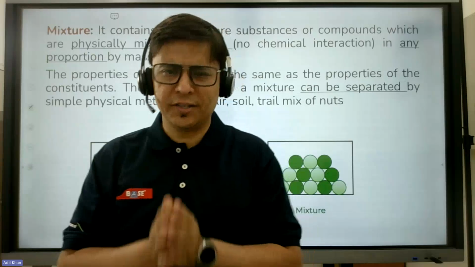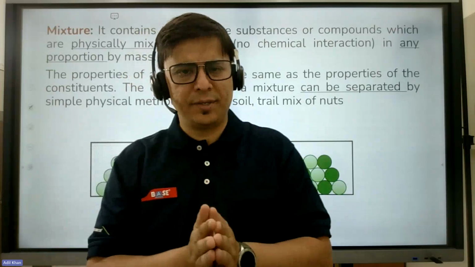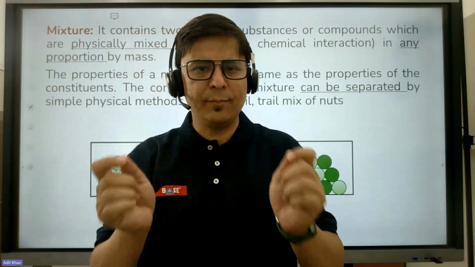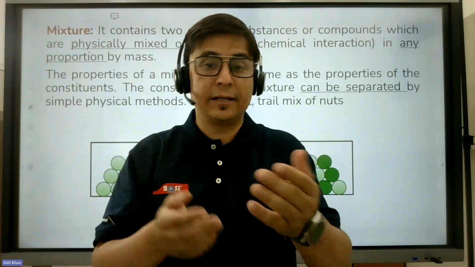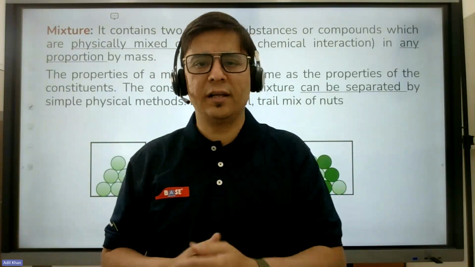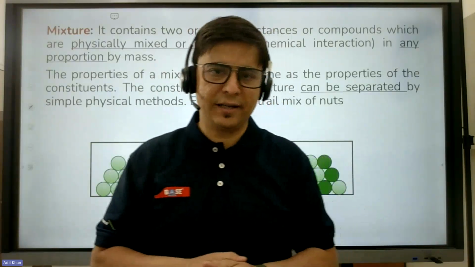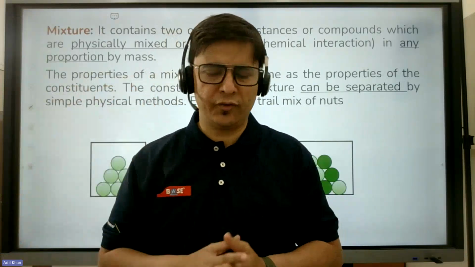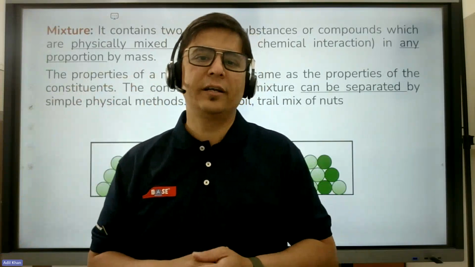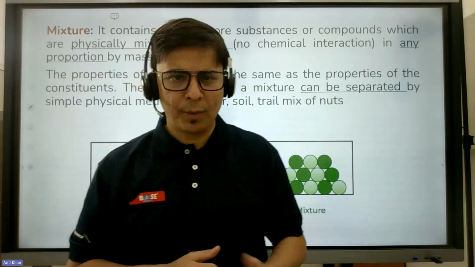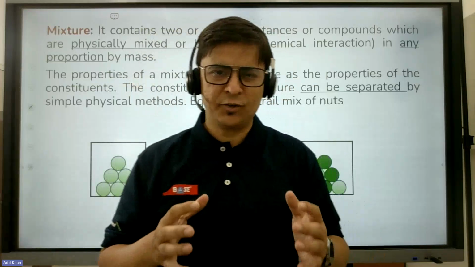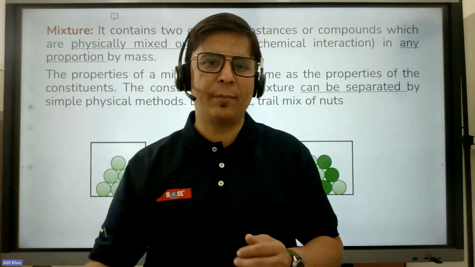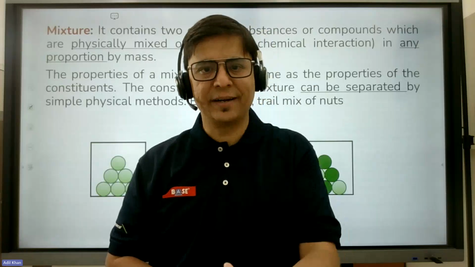So mixtures, in short, are substances produced using constituent particles, like cornflakes, sev, puffed rice, by just mechanical mixing in any proportion or ratio. For example, if you eat bhel puri in North India, most of them like sweet, so they will put a lot of tamarind chutney inside it.